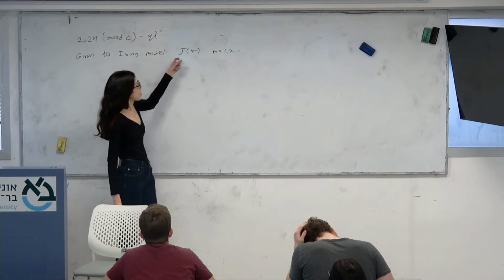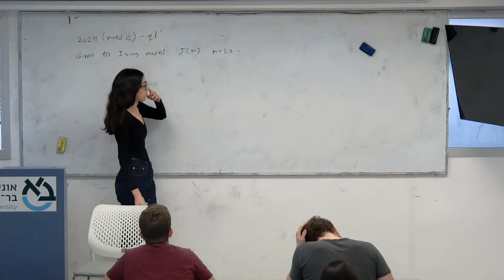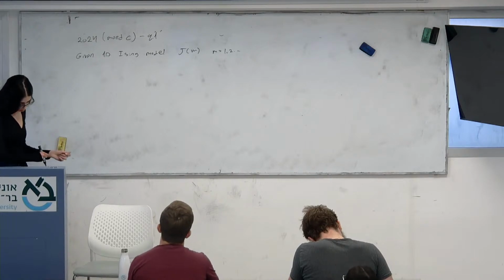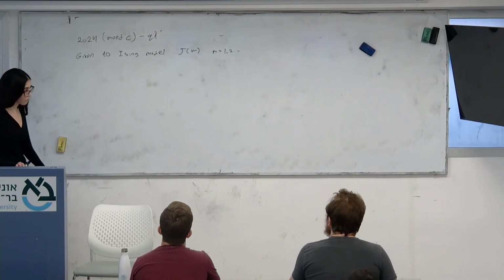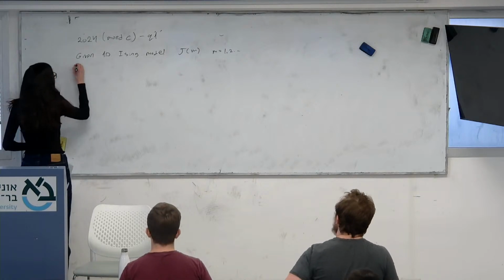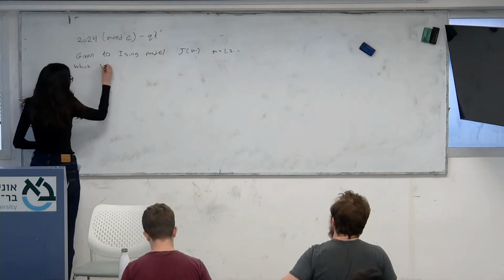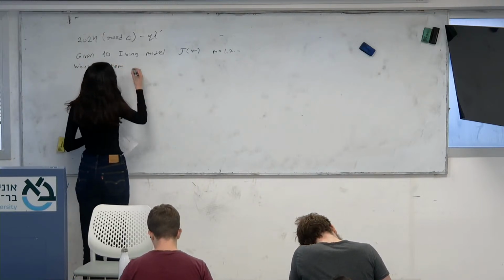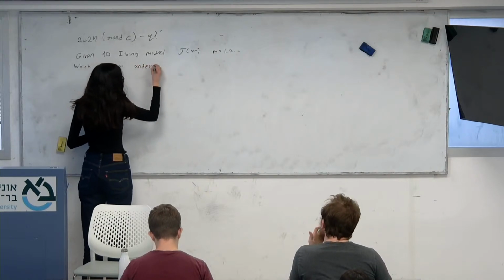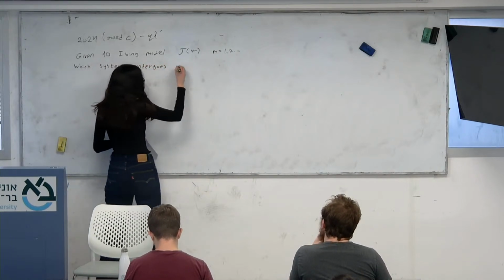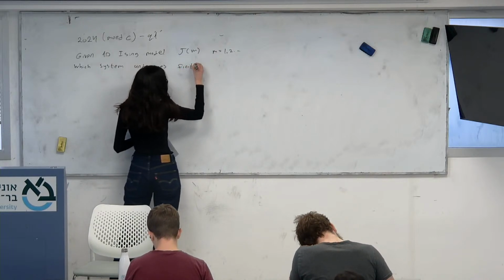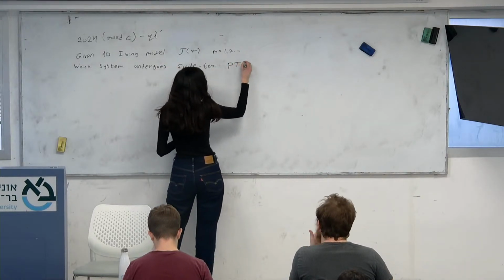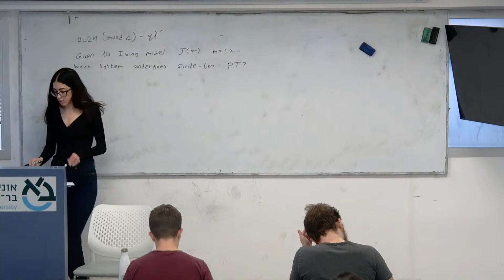Okay, so we have a one-dimensional Ising model with coupling J as a function of the distance, and the question is which of the systems goes through a second order phase transition.